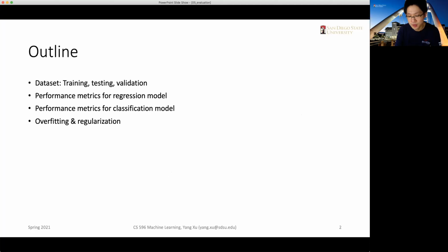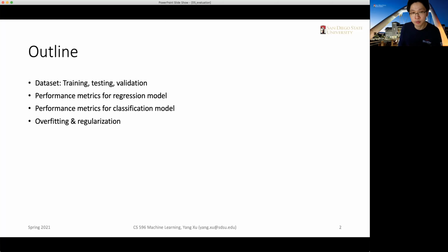And because so far we have introduced linear regression model and logistic regression models, we primarily focus on the model that does classification tasks, okay? Which is what logistic regression does.